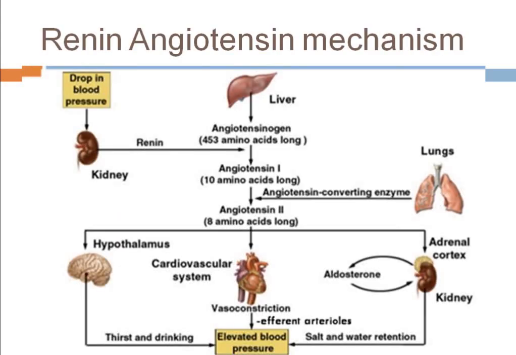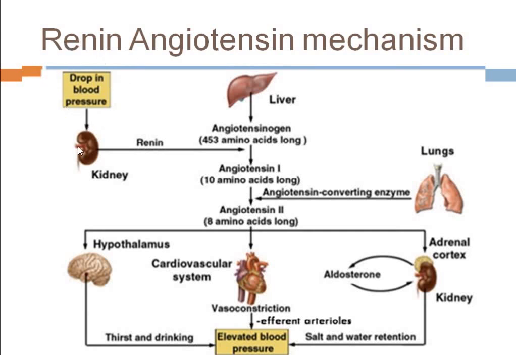Now another mechanism by which tubuloglomerular feedback functions is by secreting renin. I hope you remember that renin is secreted from JG cells, juxtaglomerular cells, which are a component of the afferent arterioles. Whenever a stimulus reaches the afferent arterioles, the common stimulus is a drop in blood pressure.